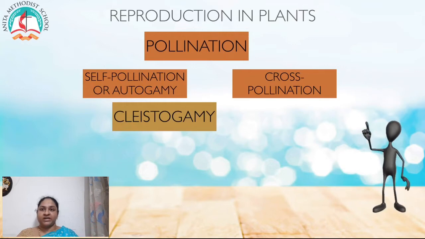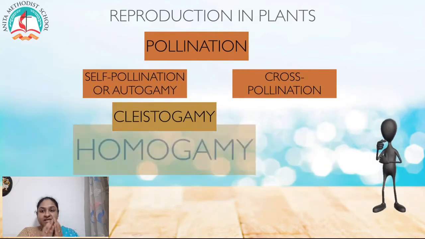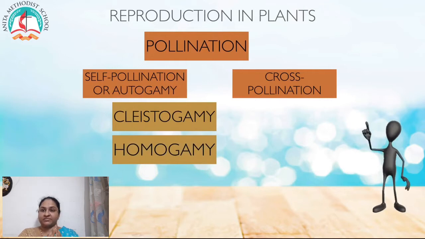Under self-pollination we have cleistogamy, where flowers never open and expose the reproductive organs, and thus pollination is carried out within the closed flower. Then we have homogamy.